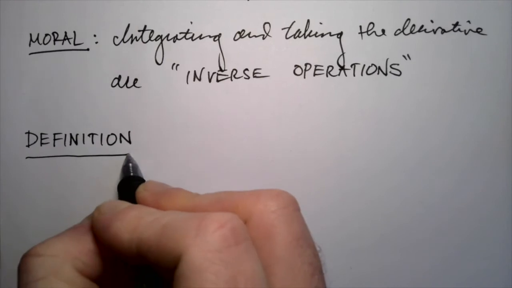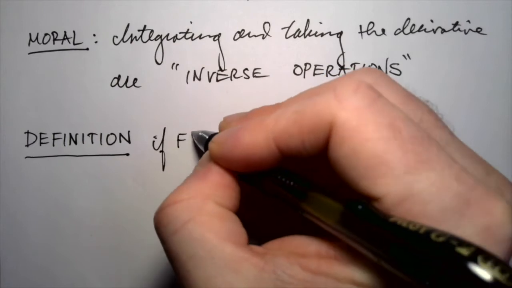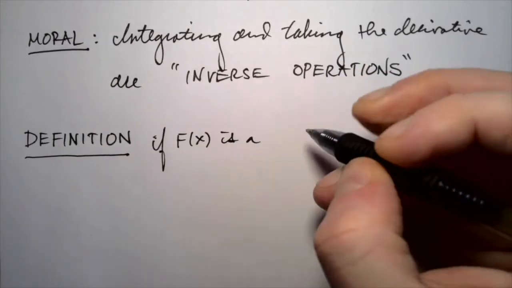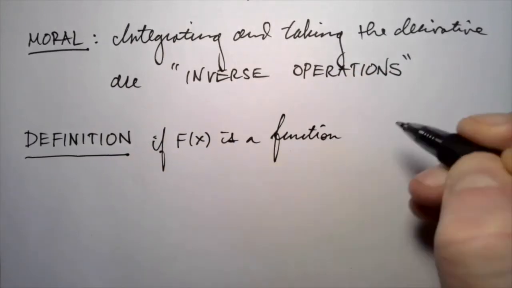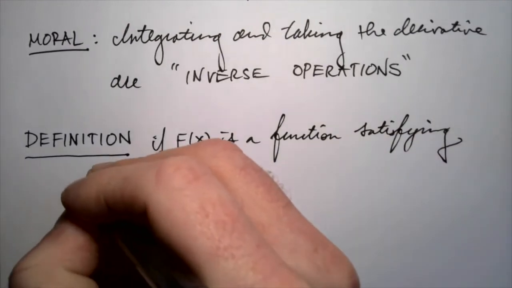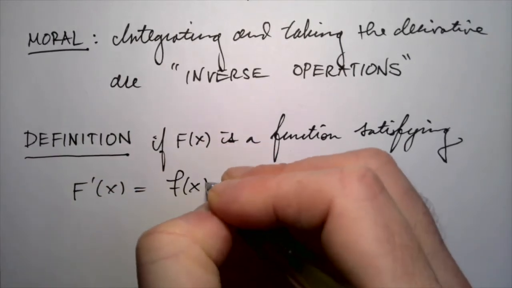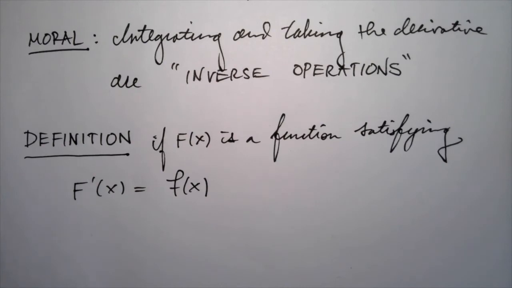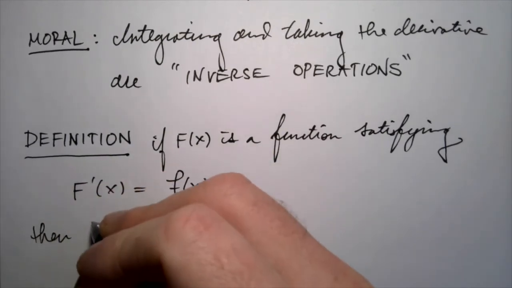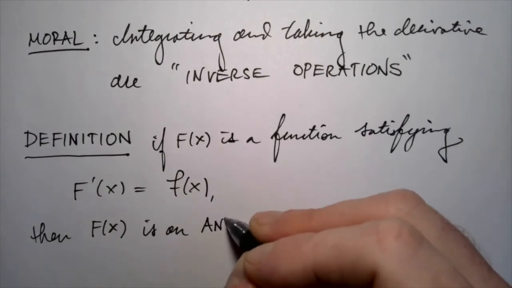Okay, we can talk about that without even talking about area. Check it out. If capital F of x is a function that satisfies the following equation, this equation just says that the derivative of capital F of x is the original function f of x. If you found such a function capital F, then we say that that function capital F is an antiderivative.